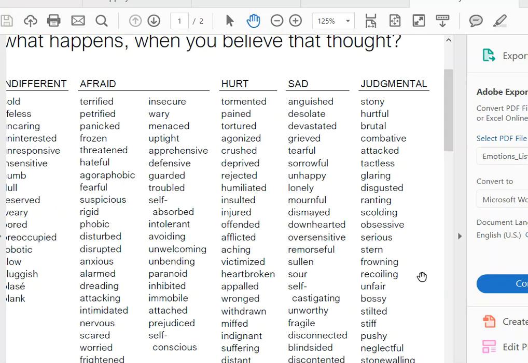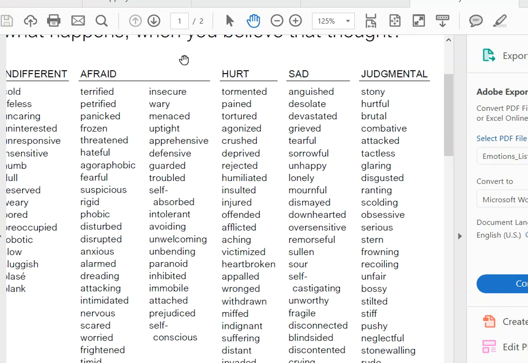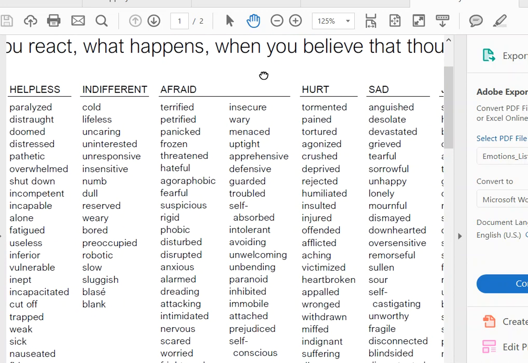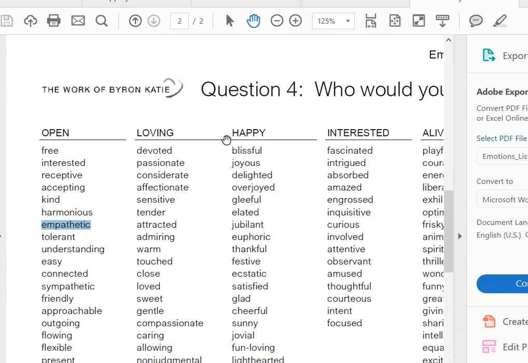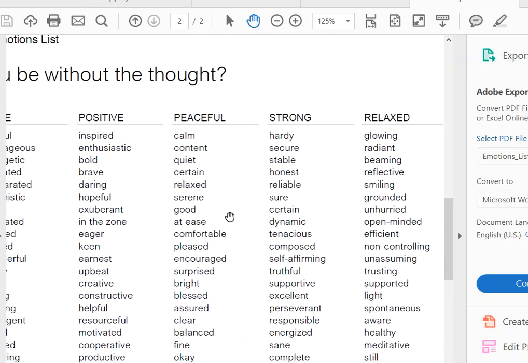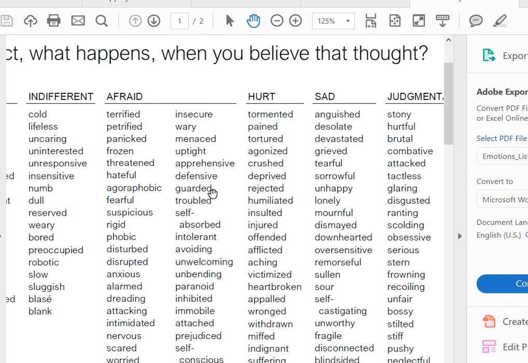Well, I'm looking now into that list of emotions I found on Google, and it's helpless, indifferent, afraid. I found this one, empathetic, right? We want to put the reader somehow in the shoes of the people to whom this tragedy happened, right? So maybe feel empathy for them. I looked at sad, and sad had devastated, but we don't want the reader to feel devastated, more like empathetic, right?